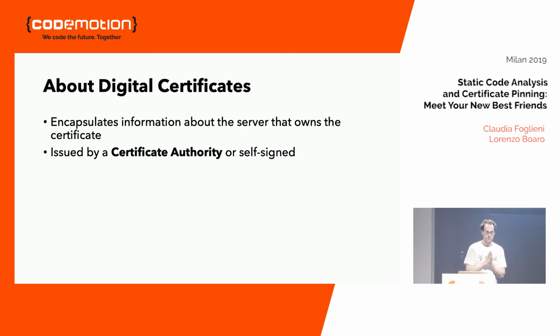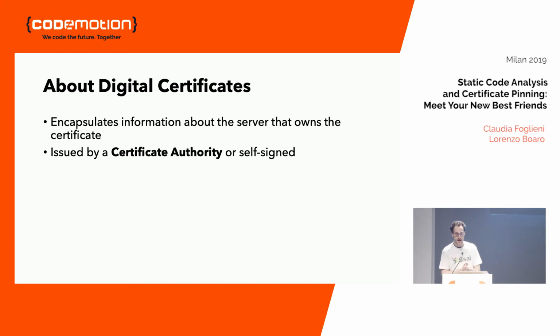Okay, so we have seen that the server sends back to the client one or more digital certificates. What is a digital certificate? A digital certificate is a file. It contains data. You can think of a digital certificate as a sort of passport or identity card, okay? The certificate can be issued by a certificate authority or can be self-signed.